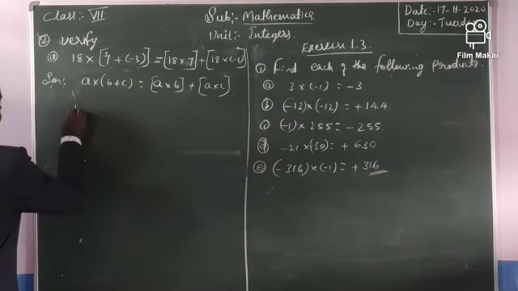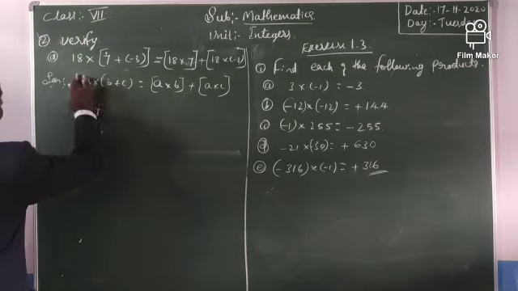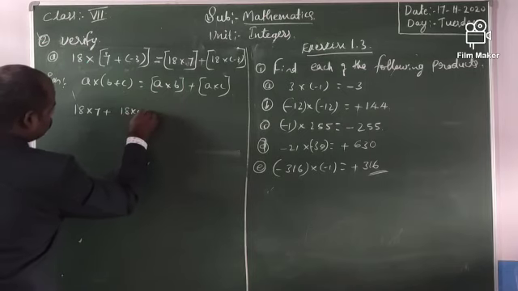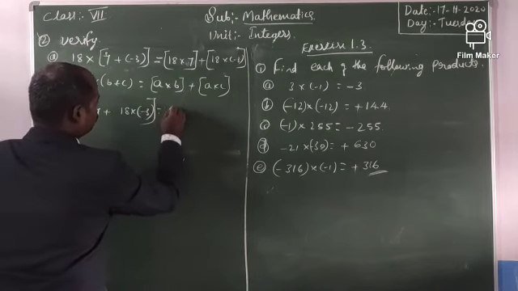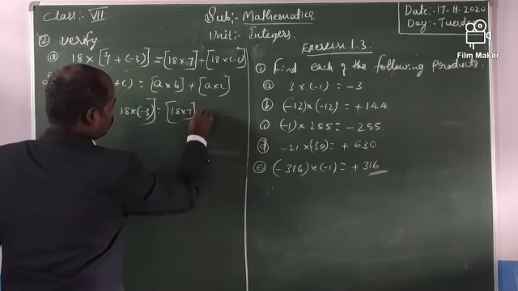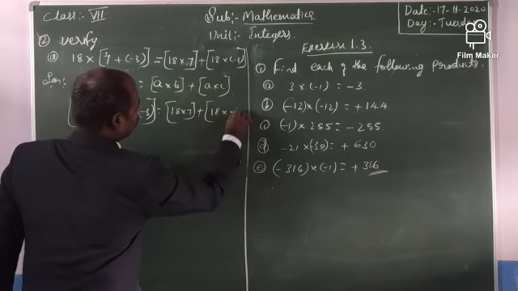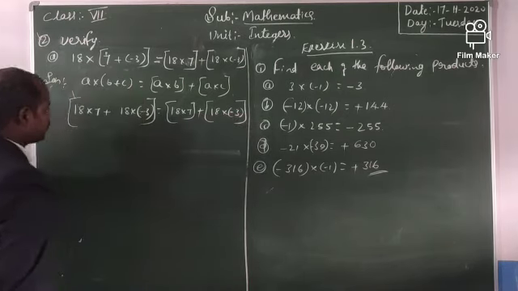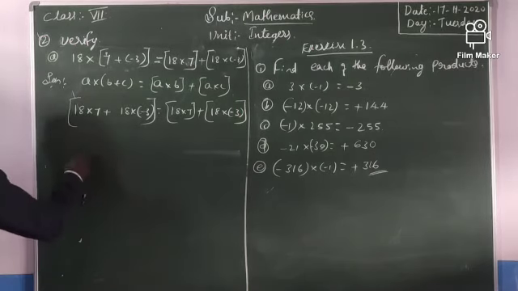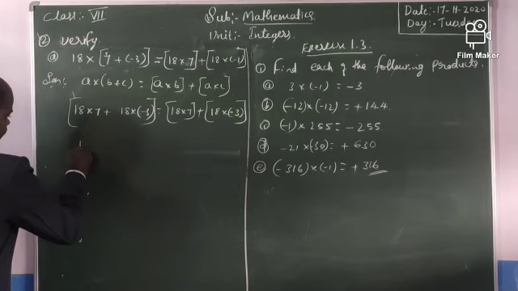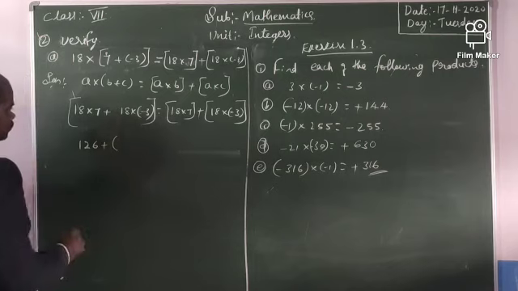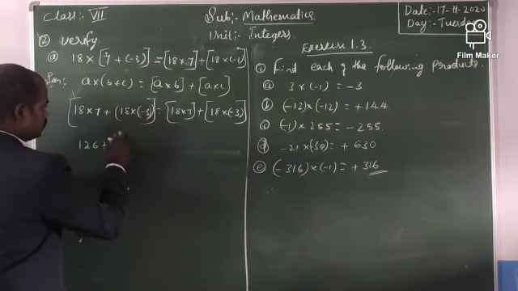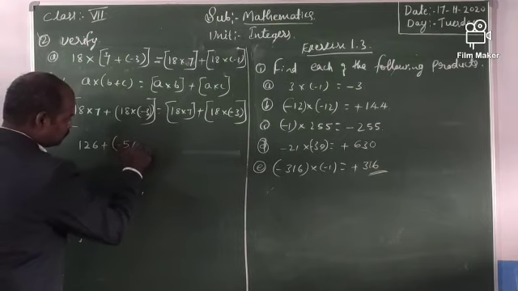So let's see. 18 into 7 plus 18 into minus of 3. Close the bracket, which is equal to 18 into 7 plus 18 into minus of 3. 18 sevens are 126 plus, 18 threes are 54.